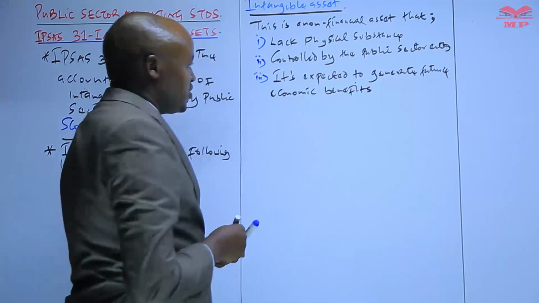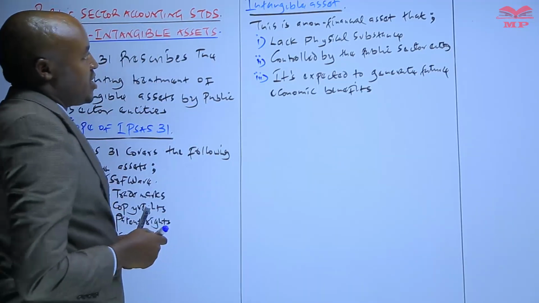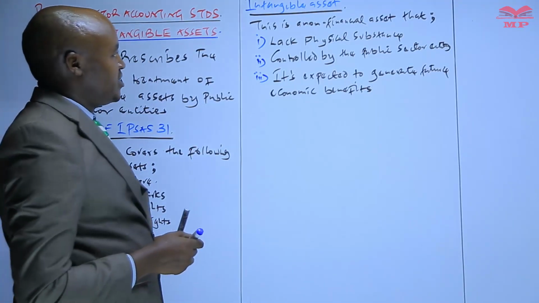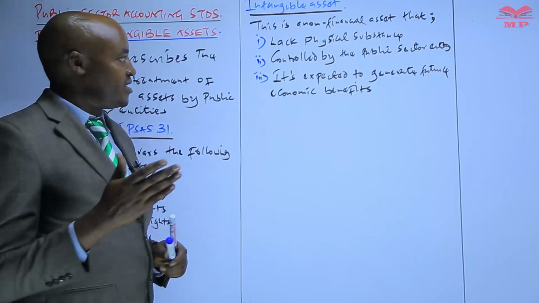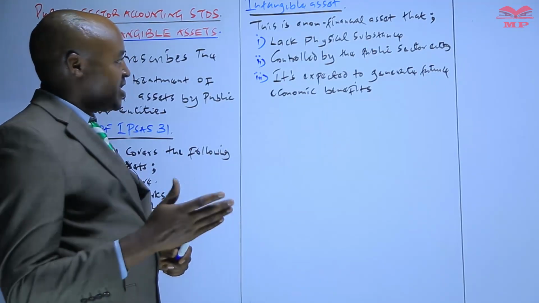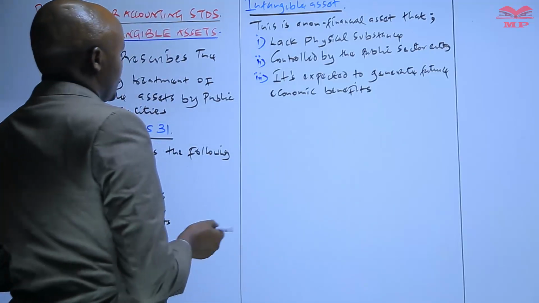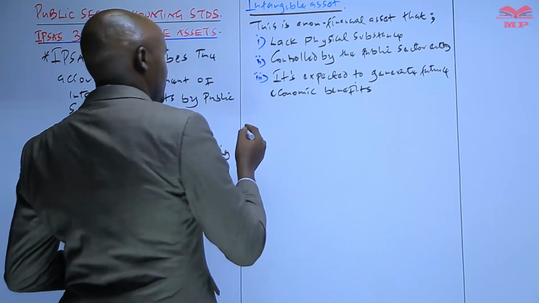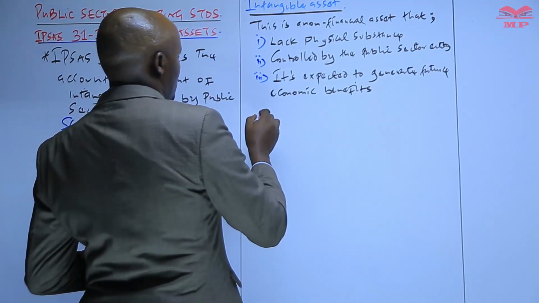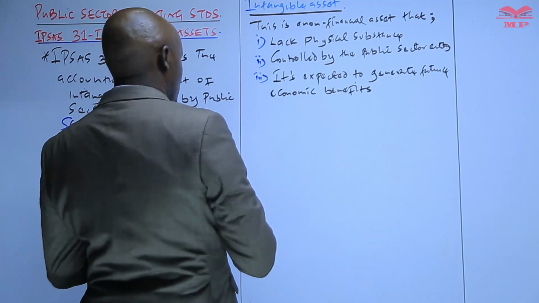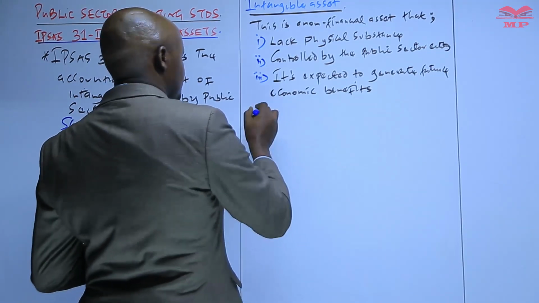So that is the definition of an intangible asset. Any non-financial asset which lacks physical existence, is controlled by a public sector entity, and is also expected to generate some future economic benefit.